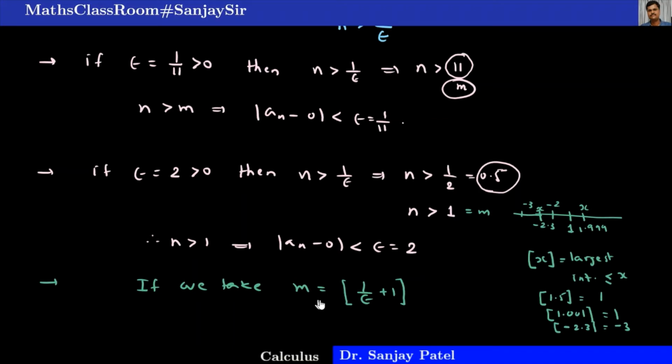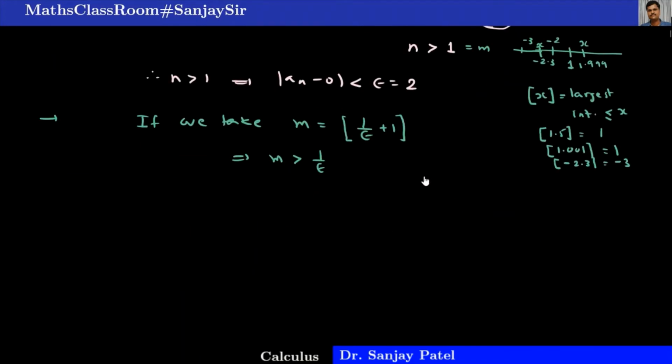So m, that is the floor value of 1 upon epsilon plus 1, is always some integer which is not greater than this 1 upon epsilon plus 1. Okay, and that means this m is always greater than 1 upon epsilon, because it is 1 upon epsilon plus something positive. So what happens if I choose my m to be this integer?